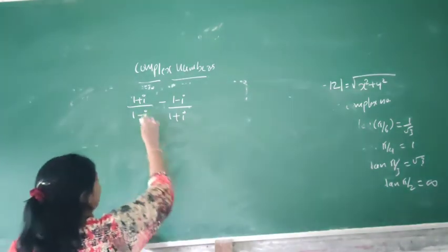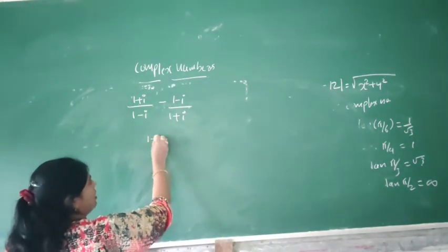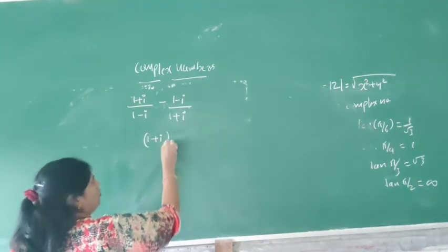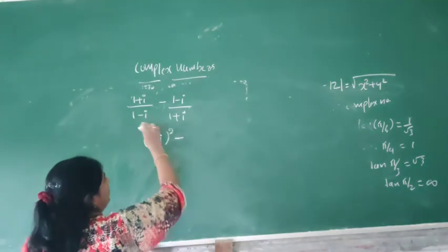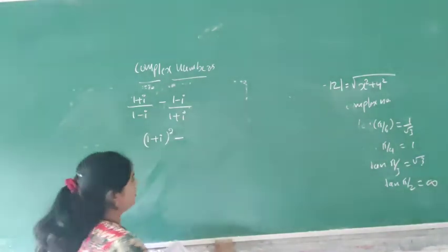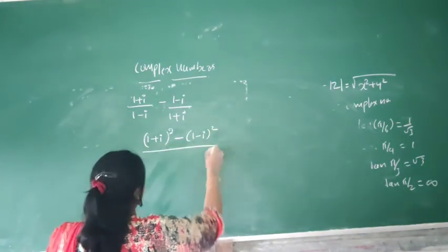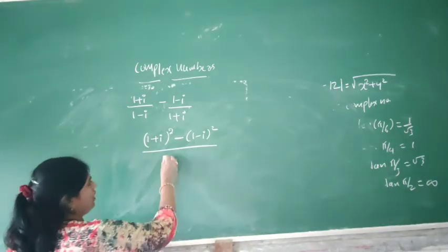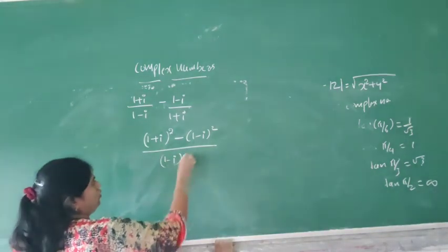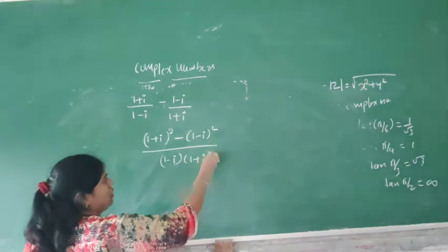Cross multiply: 1 plus i into 1 plus i, so (1 plus i) whole square minus (1 minus i) into (1 minus i), that is (1 minus i) whole square, divided by (1 minus i) into (1 plus i).